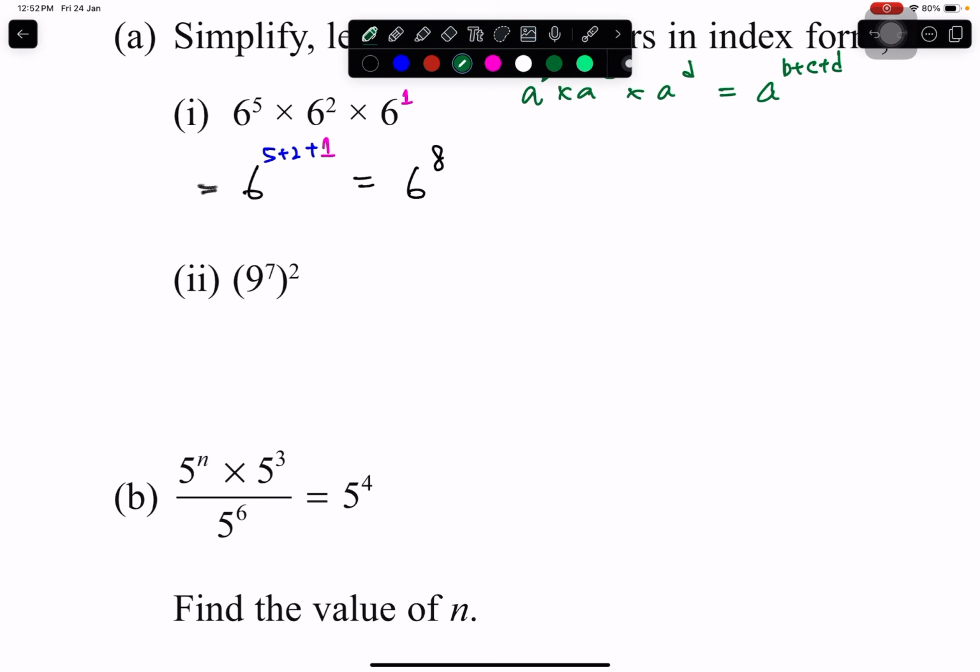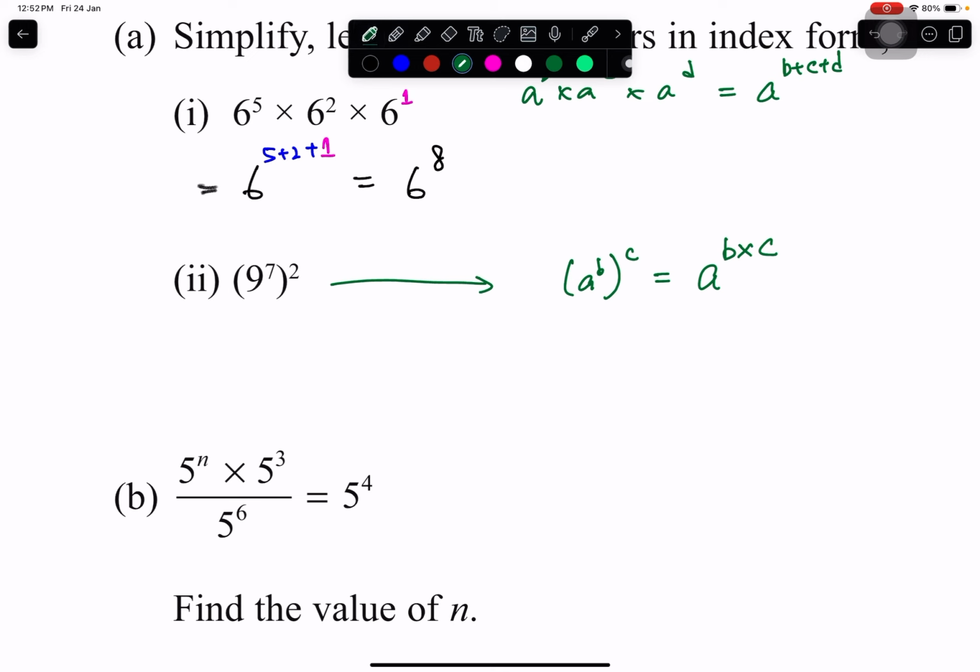Now we have a new thing here. This one we call power of the power, which is a to the power of b, and outside we have the c, right? We will then apply the formula a to the power of b times c, because this is the power. This 2 squared is applied to the entire thing.